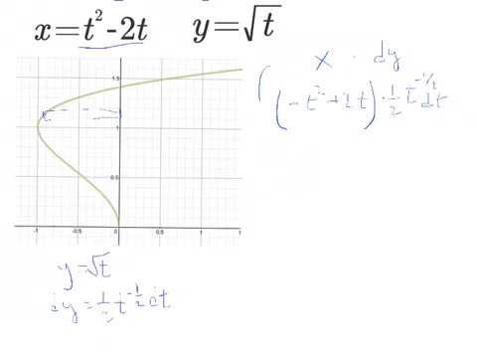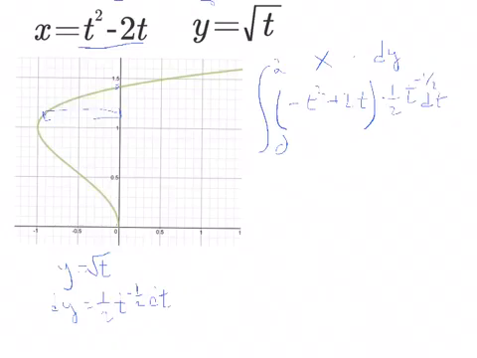And then we want to integrate this. With respect to y, we'd be going from 0 to the square root of 2, because at t equals 2, y is the square root of 2. But if we're integrating with respect to t, this is at t equals 0, and this up here is at t equals 2. So we'll just go from 0 to 2.